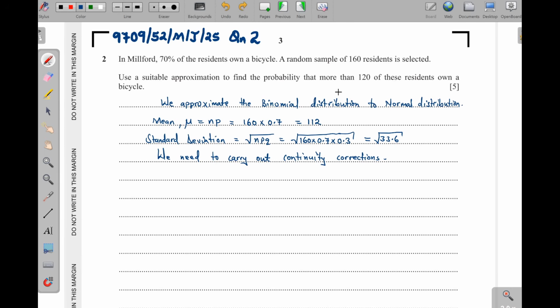So here we are having more than 120. I have just something small here to show you how we are going to carry out the bounds. So if this is 120, a number before it is 119, a number after it is 121. But we have in the middle here, that is where 120 starts, and then this is where it ends. This is 119.5. This is 120.5.